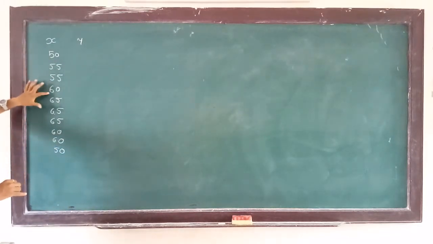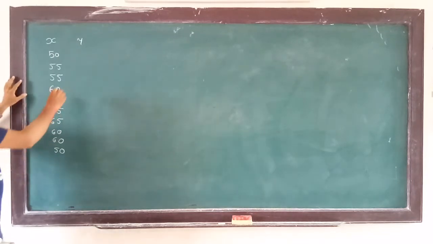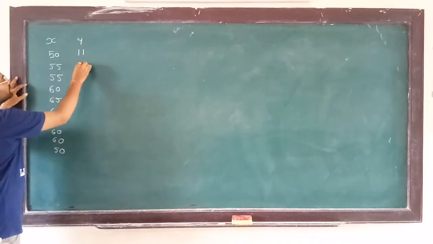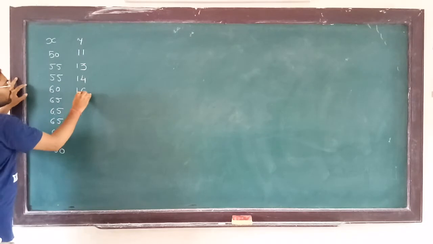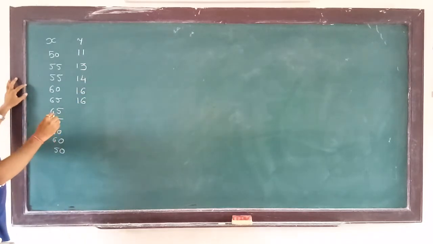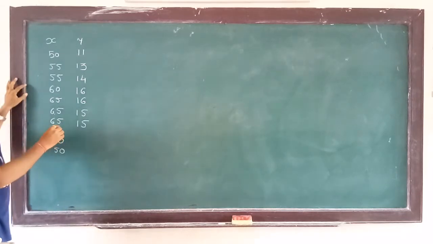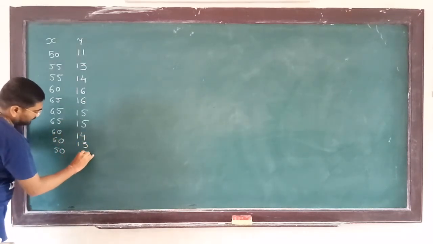The observations are numbered 1, 2, 3, 4, 5, 6, 7, 8, 9, and 10. The values of y are 11, 13, 14, 16, 16, 15, 15, 14, 13, and 13.